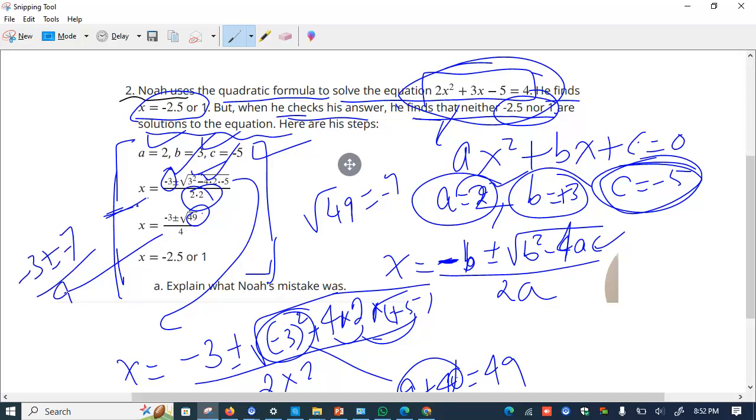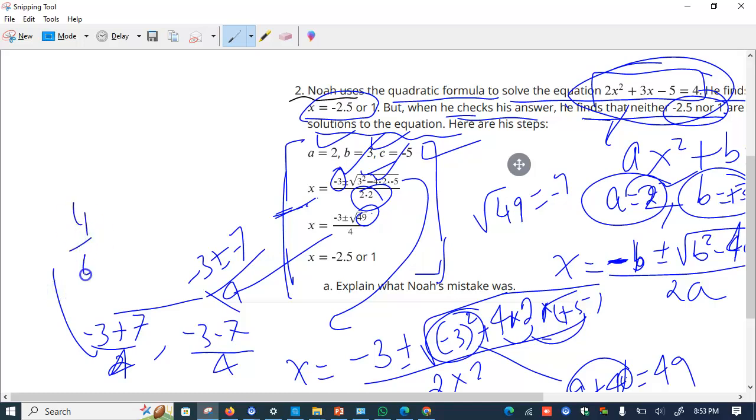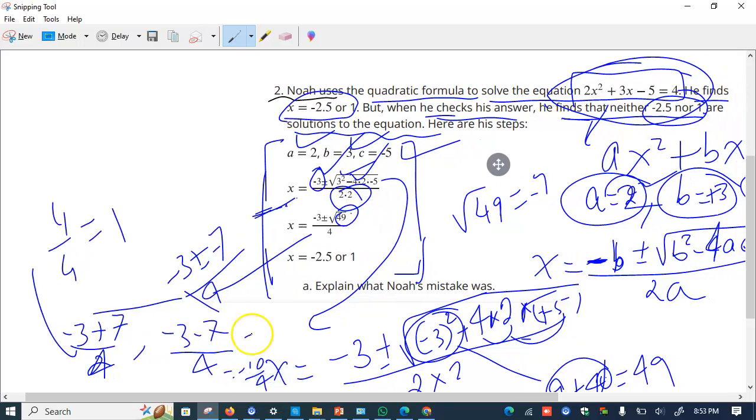Working out separately, there are two answers, one with minus 3 plus 7 divided by 4, and the other is minus 3 minus 7 divided by 4. And you can see this will be 4 over 4, which is 1, and the other one is minus 10 over 4, which is minus 5 over 2. Okay, and that looks good.